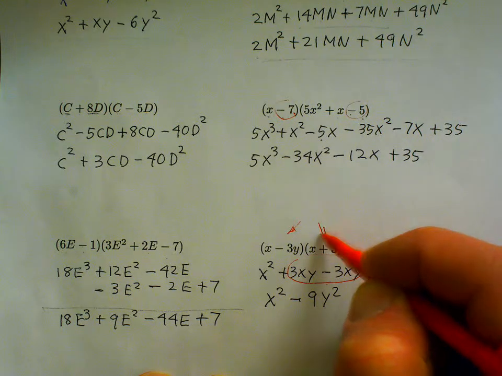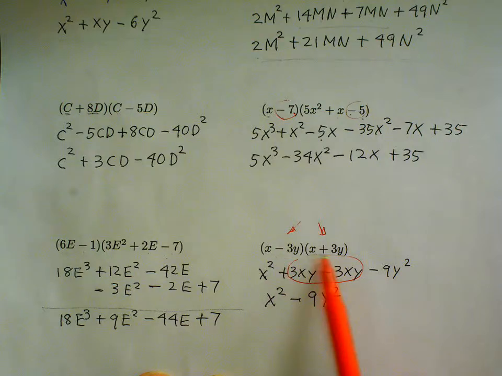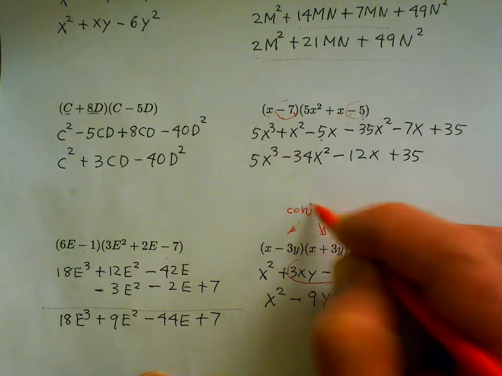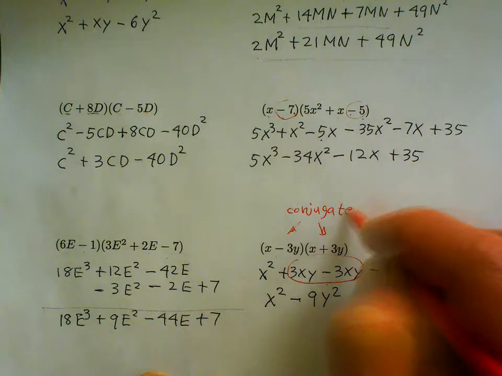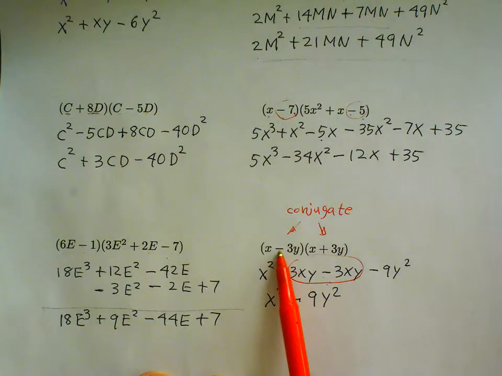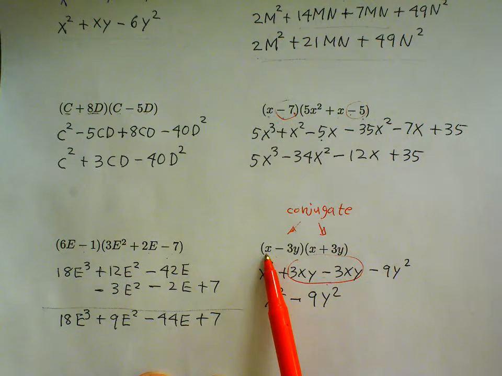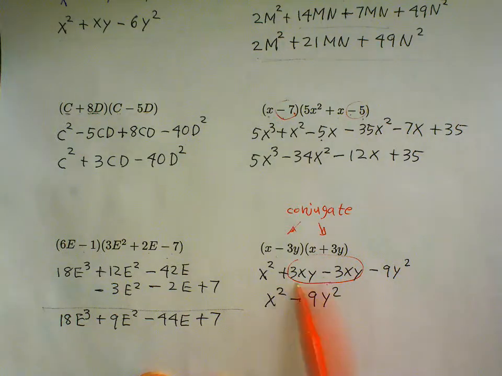So another observation is the two binomials that we multiplied are called conjugate binomials. The only difference is one has subtraction and the other one has addition. Each of those has x and each of those has 3y. So this will occur in general if you multiply conjugate binomials.